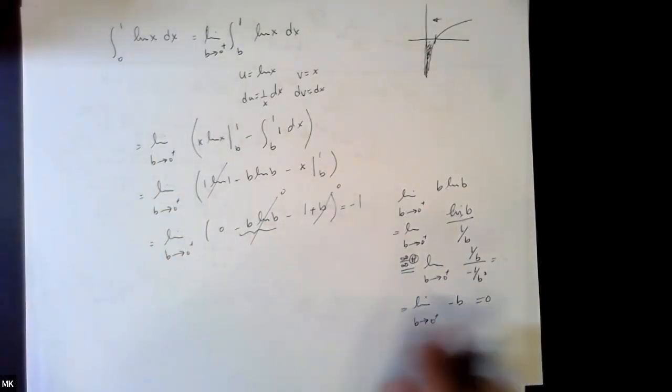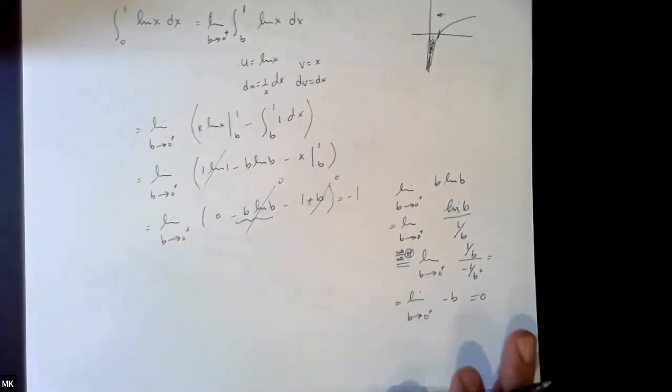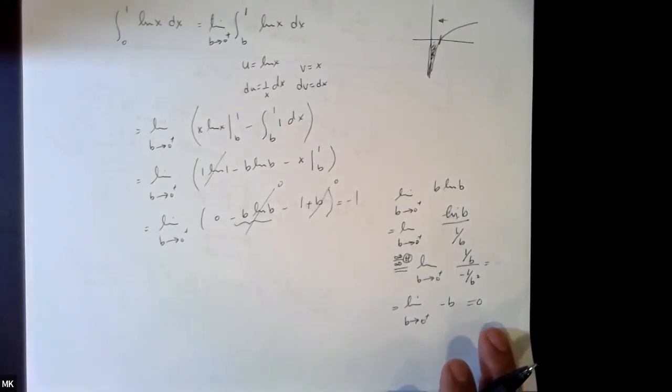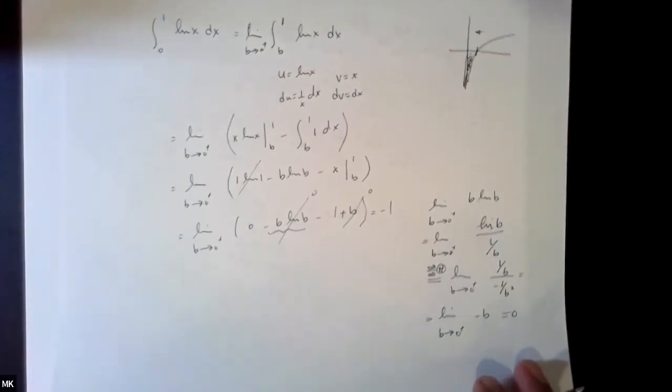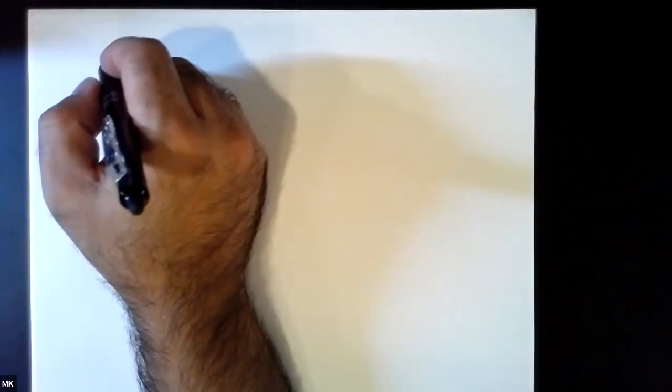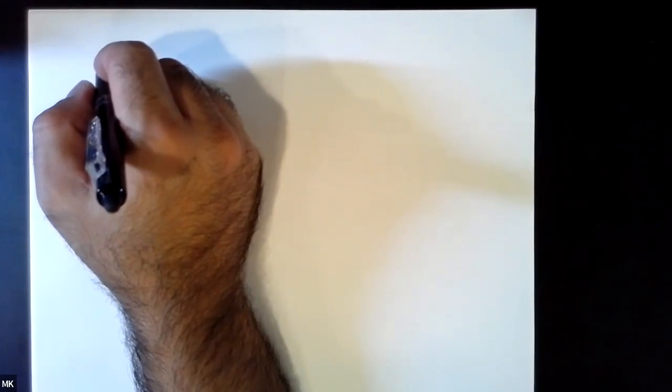Okay, now let's talk about one of the classic examples. This is one of the very conceptual examples in this topic, and that involves 1 over x, our friend 1 over x. Let me do a version of it.